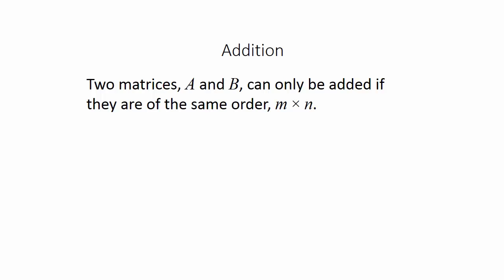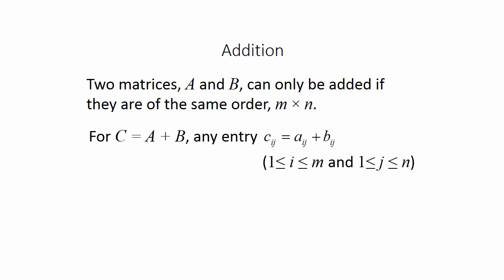Now let's look at matrix operations. First, addition. Two matrices A and B can only be added together if they are of the same order, and their sum matrix will also have the same order. For example, if matrix C equals A plus B, then every entry in matrix C equals the sum of the corresponding entries in A and B at the same position.